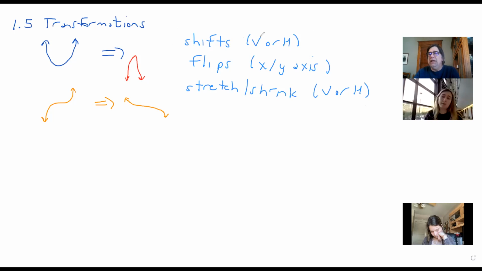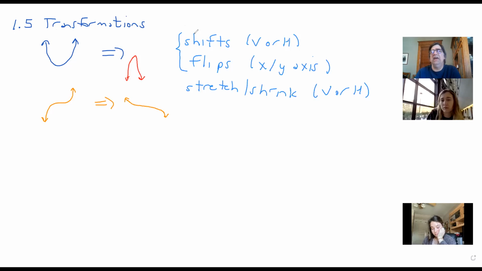So these are the easier ones to do, because when you do a shift or you do a flip, you change the position of your graph, but you don't make it narrower or wider.